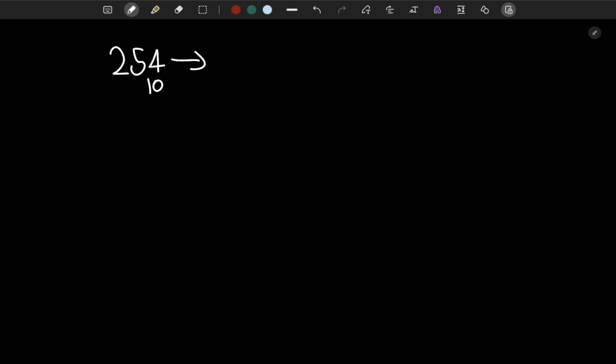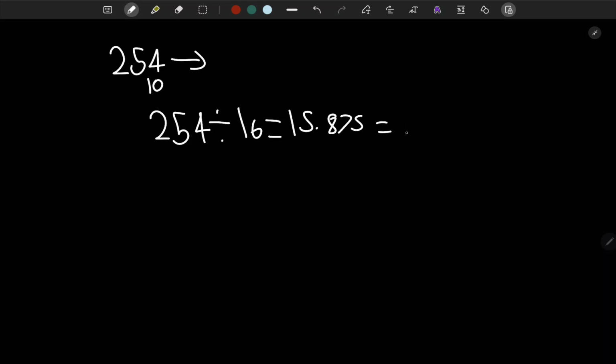I'm going to do 254 divided by 16, and we will get, let me type on my calculator, 254 divided by 16 is 15.875, and we need to write this in the remainder format, so it's going to be 15, and for the remainder we are going to multiply the decimal part by 16. So 0.875 multiplied by 16 is 14, so the remainder is 14.